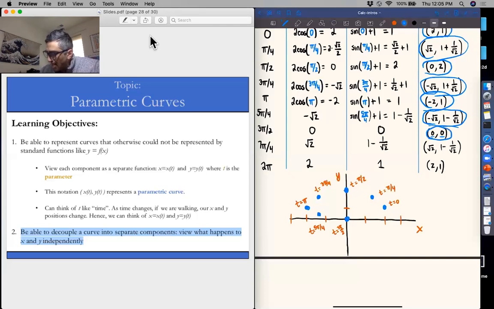Moseying on along then, our next x value is square root of 2, so 1.4-ish. 1 minus 1 over the square root of 2. Well, that's somewhere between 0 and 1. So that's t is equal to 7 pi over 4.